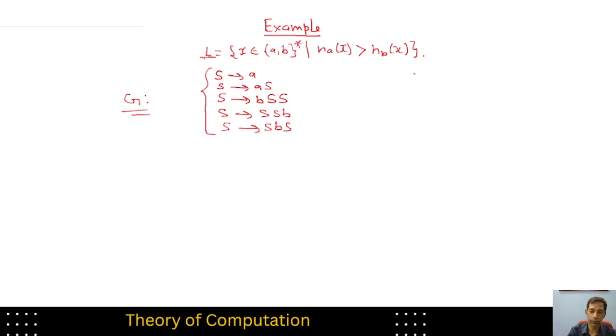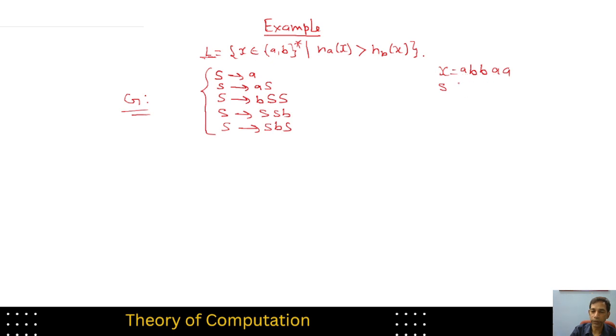For example, if you have a string like A B B A, or A B B A A, this is a valid string because the number of A is more than the number of B, so you will be able to obtain this string starting from S.